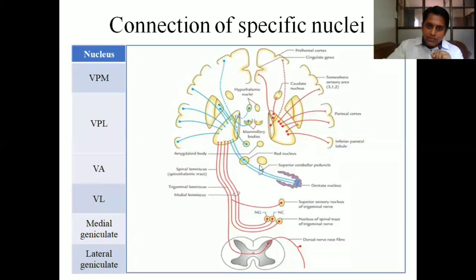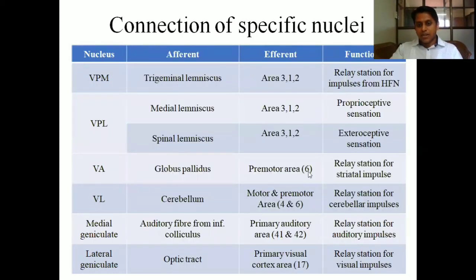The fibers coming from the cerebellum are called the dentato-rubro-thalamic tract. Dentato because of the dentate nucleus, rubro because of the red nucleus, and thalamic for the thalamus. And the fibers coming from the globus pallidus towards the thalamus are called the thalamic fasciculus. So those fibers relay and go into the premotor area number 6.